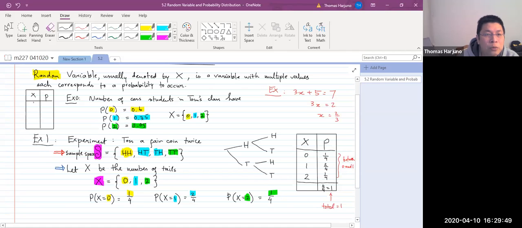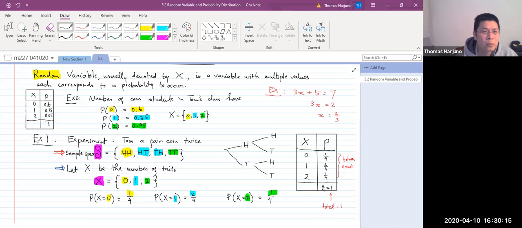The output 0 has probability 0.6. Output 1 has probability 0.35. Output 2 has probability 0.05. Therefore, the total has to be 1. Okay, that's for random variables and probability distributions for now.